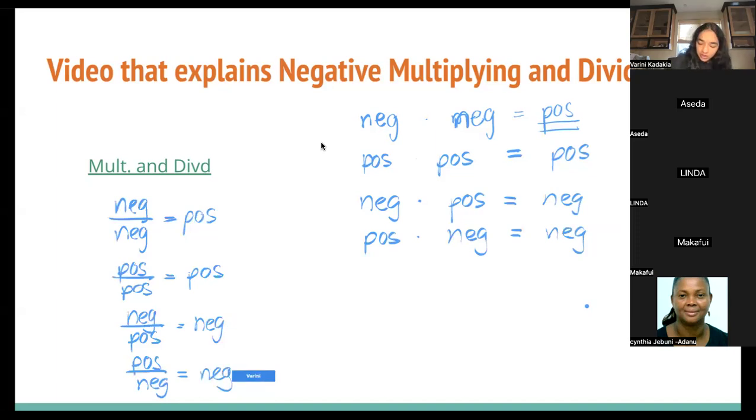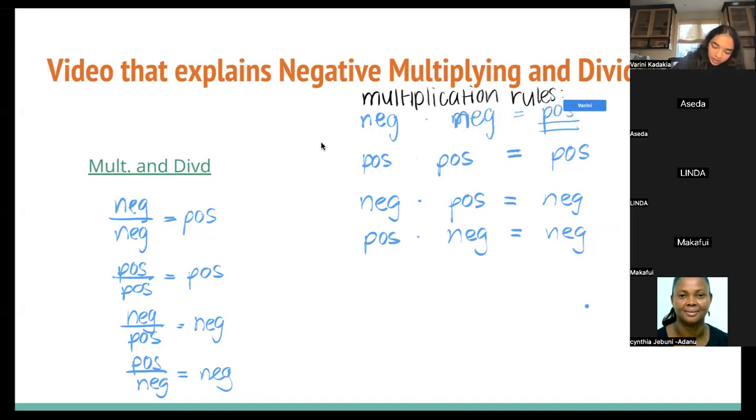So these are the rules for multiplying, and these ones are division rules.